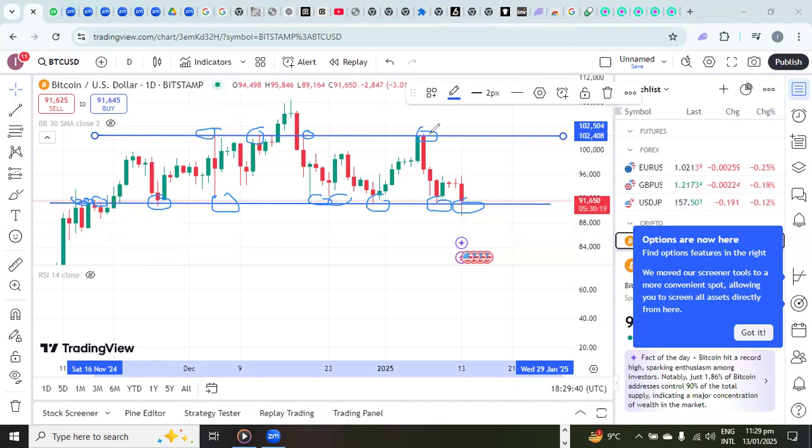Now, if you look at it very carefully, not just support and resistance works, you also have to look for chart patterns, right? Now, if you look at it, can you see a chart pattern forming? Anyone? The ones I've already taught you, anyone can see a chart pattern forming?